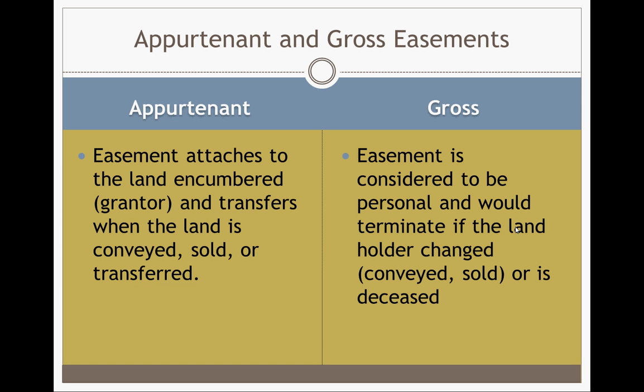Now, in gross: an easement is considered to be personal and would terminate as soon as the landowner changes, whether he conveys, sells, or is deceased. A lot of times, in gross easements are what's out there. It's between 2 or 3 landowners, and once one of them dies, the easement is void. It's dead. So that's the concept they're talking about in Principle 4.